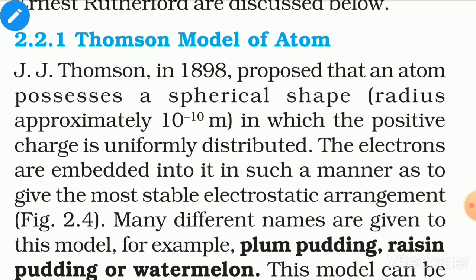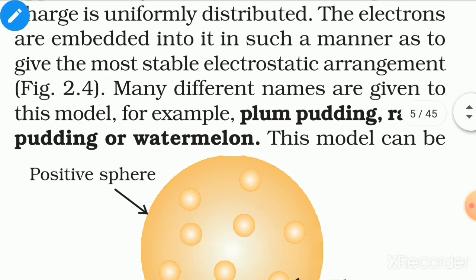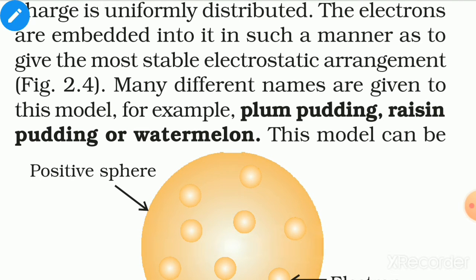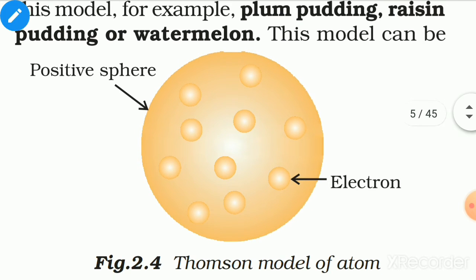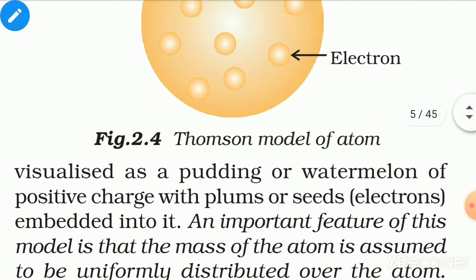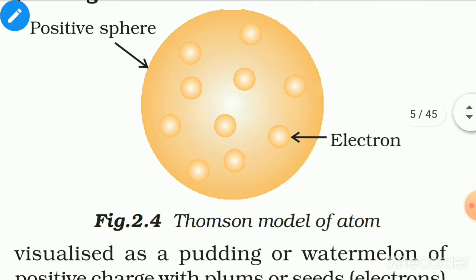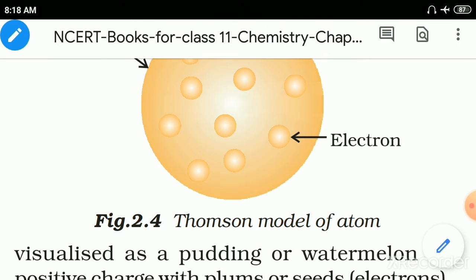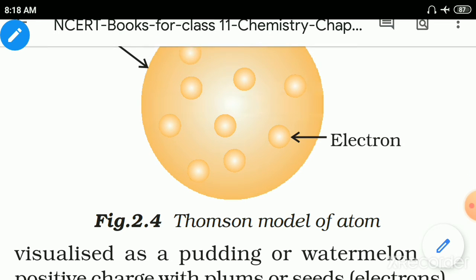Many different names are given to this model, for example, plum pudding model, raisin pudding model, watermelon model. The model can be visualized as in the figure: positive charge embedded with electrons.